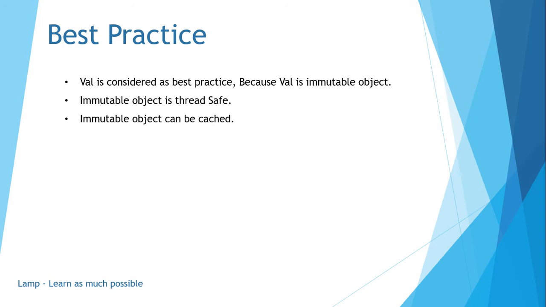An immutable object is thread safe, the cache can easily be released, and there is no conflict if we define the value that way. This is the basics of the parameters in Kotlin.